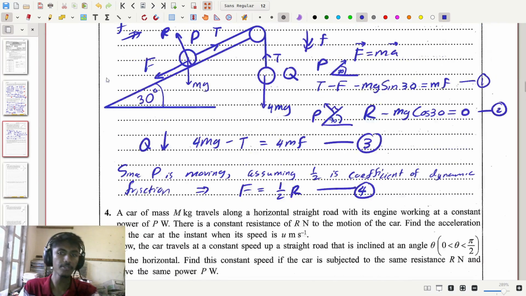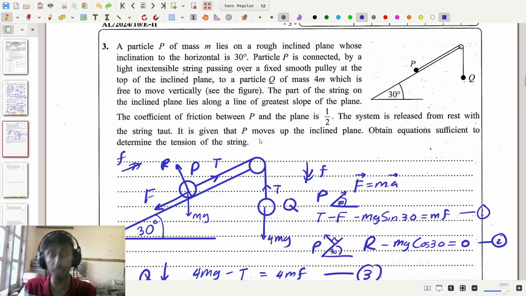Now, with this, we have 4 equations 1, 2, 3, and 4 that contain 4 unknowns T, capital F, simple f, and R, and therefore at this point we should be able to use these 4 equations to solve for the value of T.